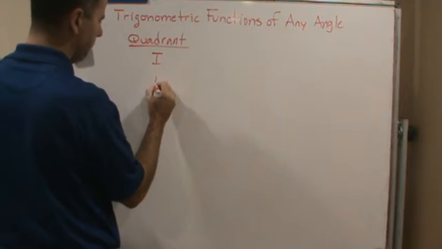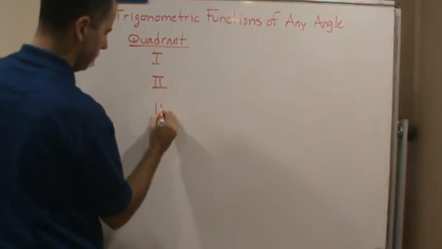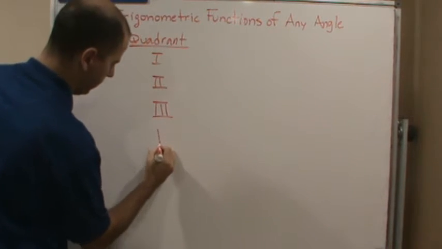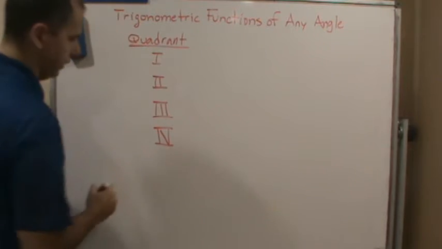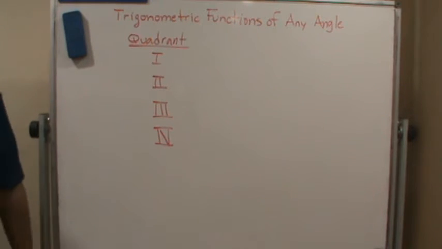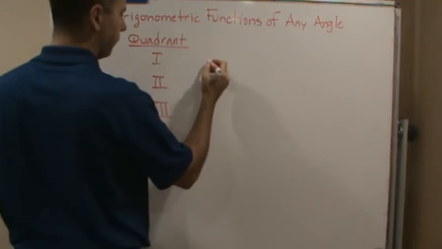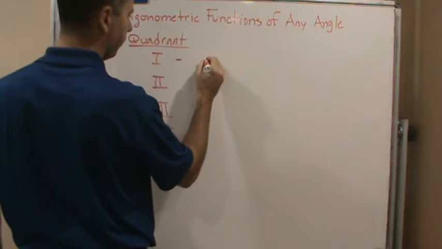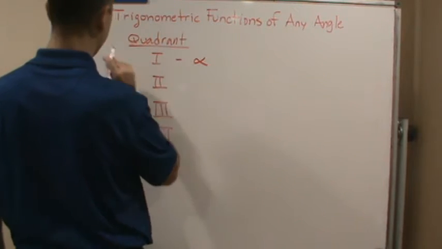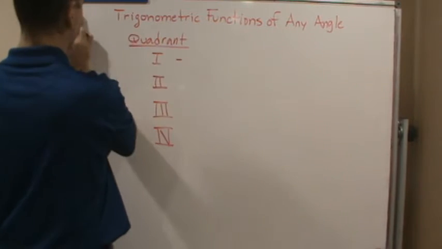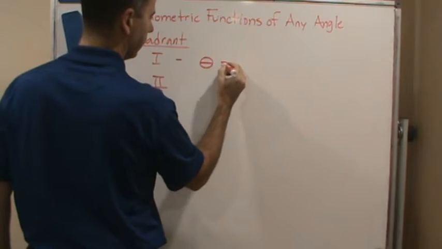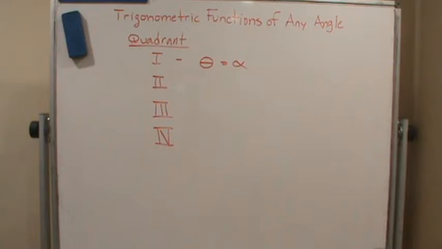We've got quadrant 1, quadrant 2, quadrant 3, and quadrant 4. If we're in the first quadrant, then that's easy. The reference angle is equal to the required angle. So theta, the required angle, is the same as the reference angle.